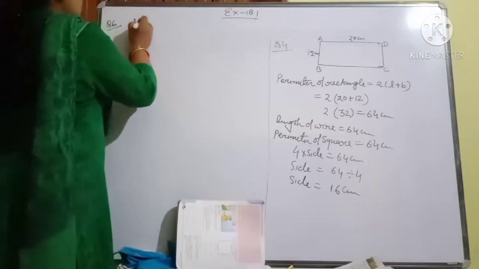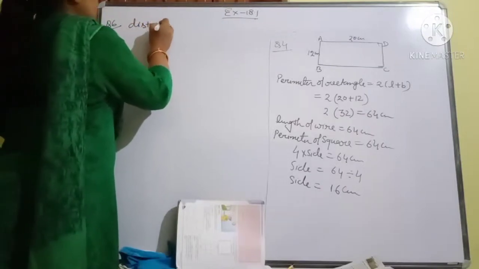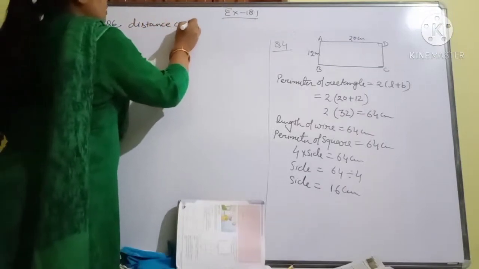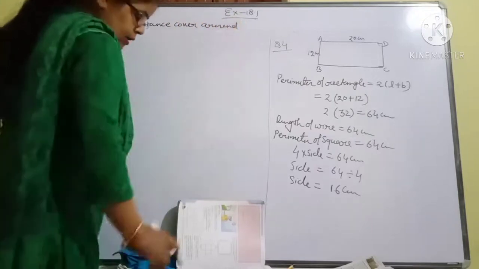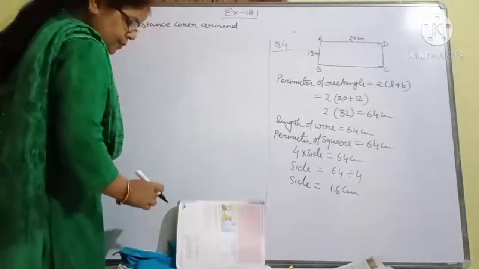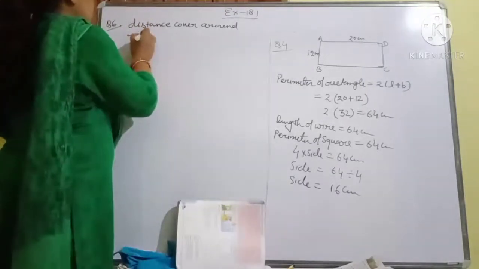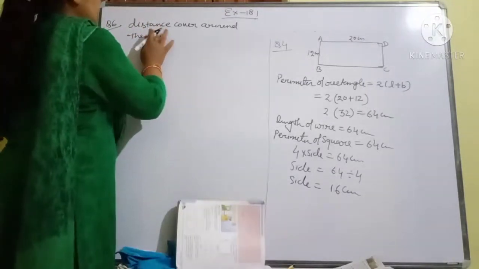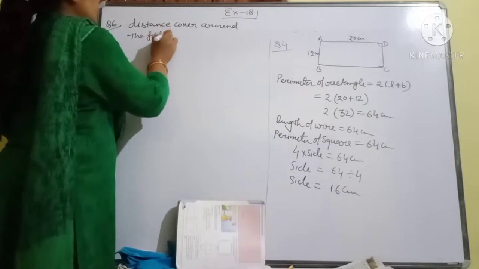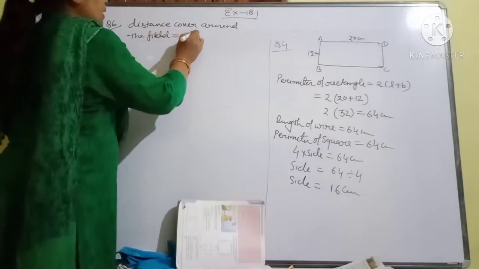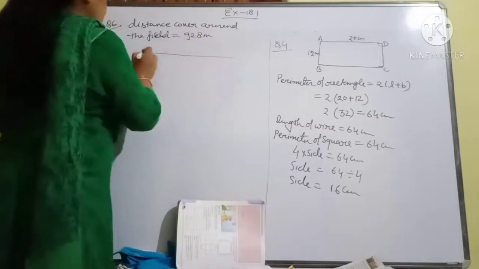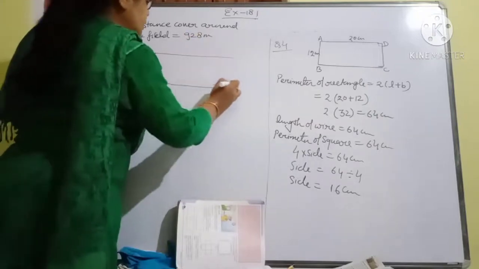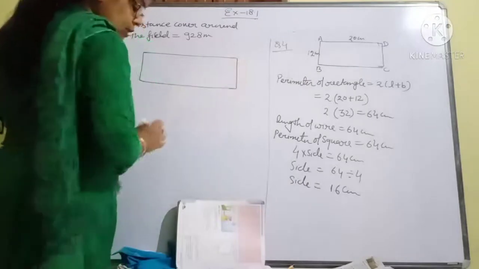Distance covered around the field is how much? 928 meter.